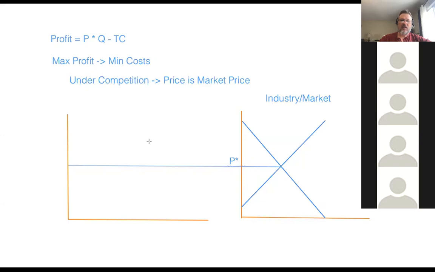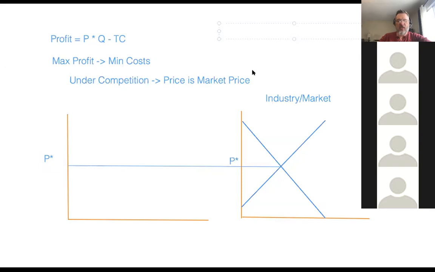And so this is what the firm sees as the demand for their product. So there are a couple things going on here, and we should say them.